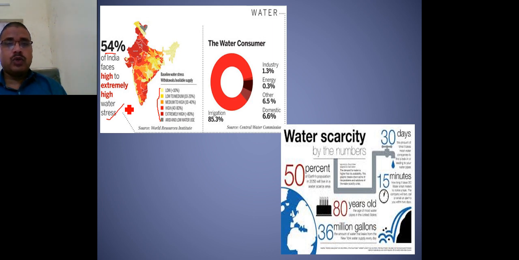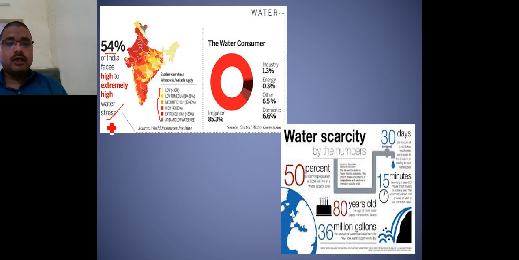We are not talking about all waters, we are talking about drinkable water. Other waters are available, but the water we can consume is present in a very small quantity. That is why we say 54% of India faces high and extremely high water stress. That means the availability of water is very low in particular areas.